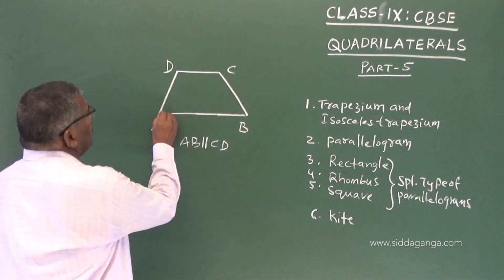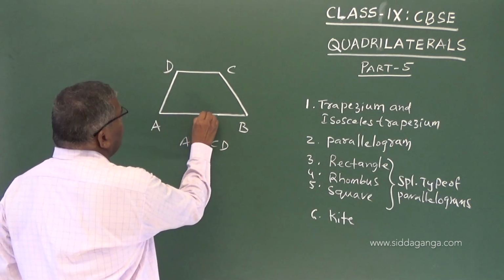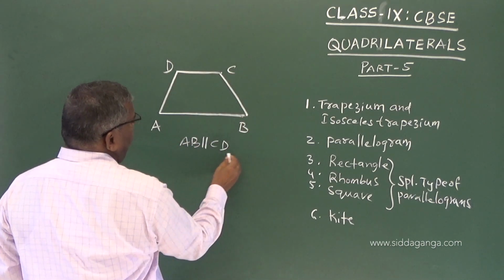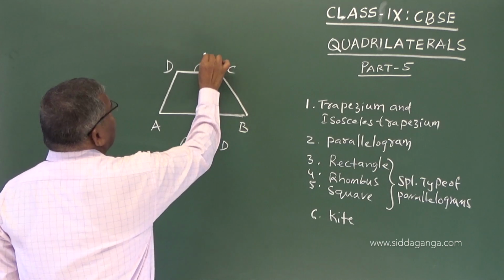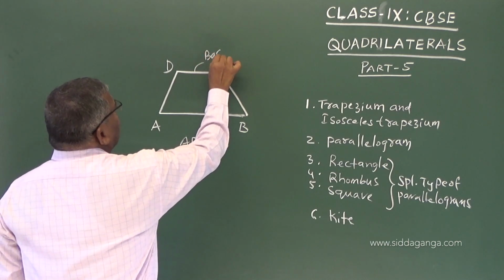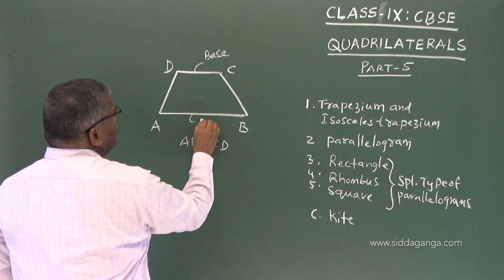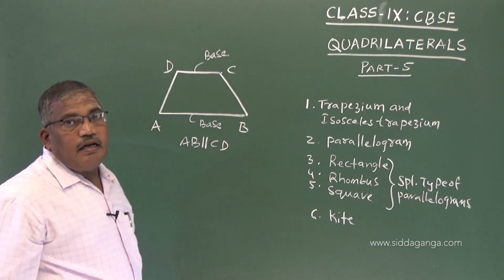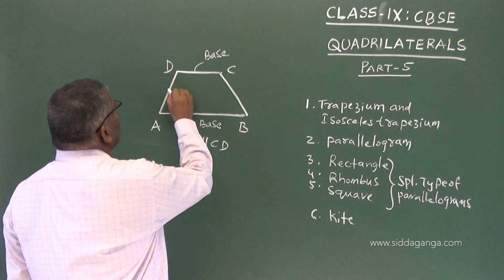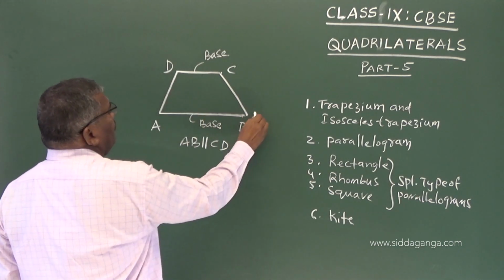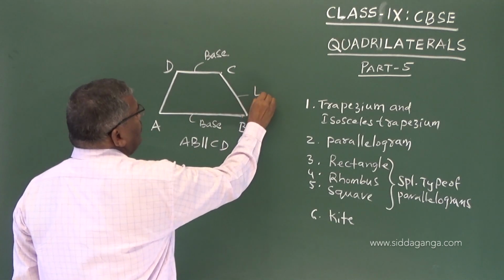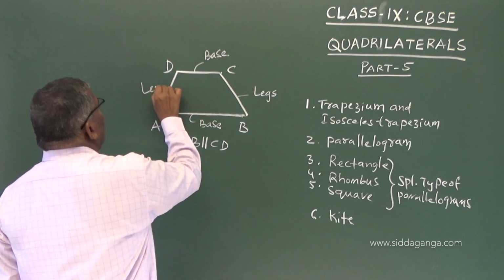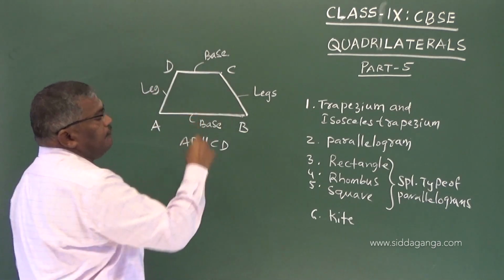In this, the parallel sides AB and CD are called bases. So this is base and this is also base. And the non-parallel sides, that is AD and BC, are called legs of the trapezium.